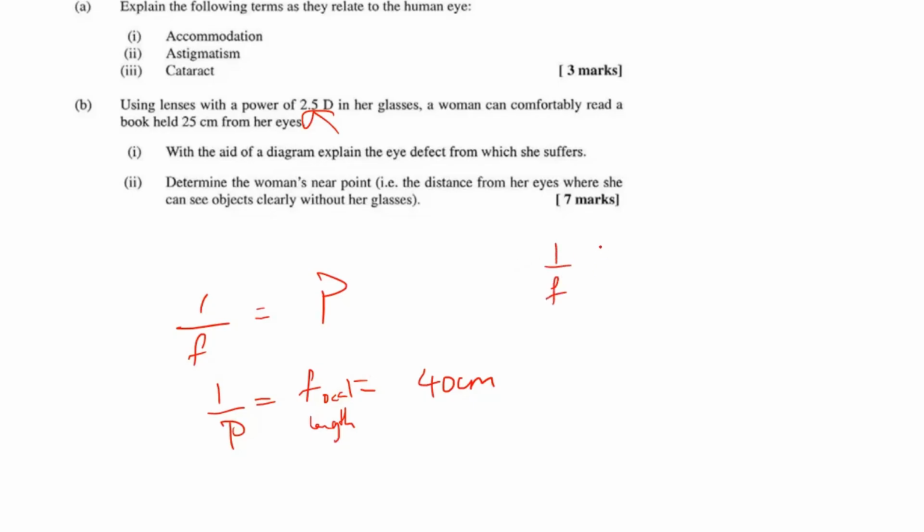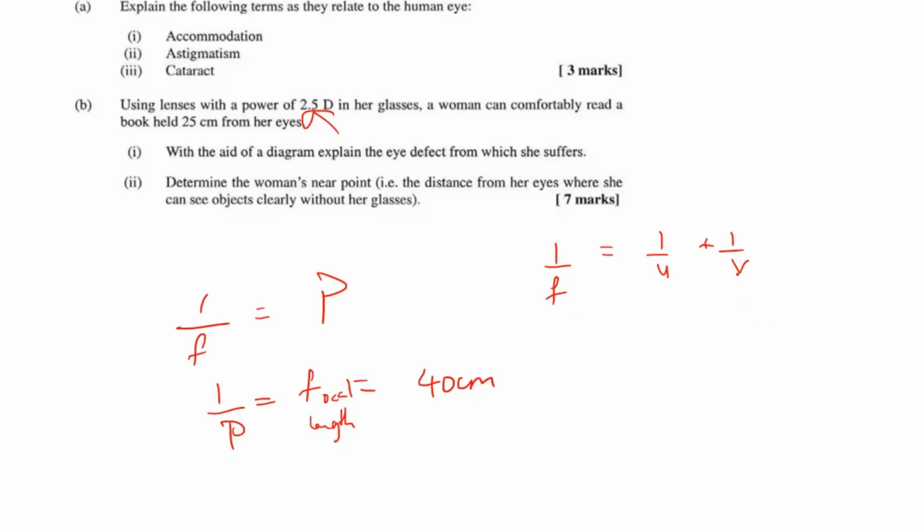Now, let me just quickly check something here. I believe we'd have to use this equation to see what distance an object needs to be positioned for her to be able to see it perfectly.